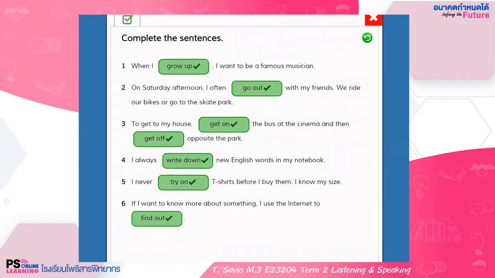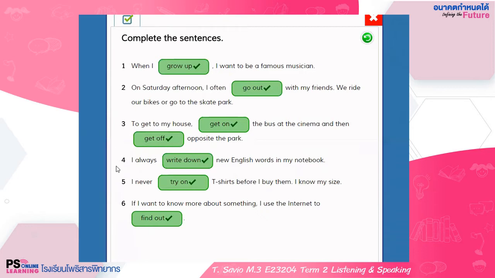Let's practice reading our sentences. Number 1, when I grow up, I want to be a famous musician. Number 2, on Saturday afternoon, I often go out with my friends. We ride our bikes or go to the skate park. Number 3. To get to my house, get on the bus at the cinema and then get off opposite the park.